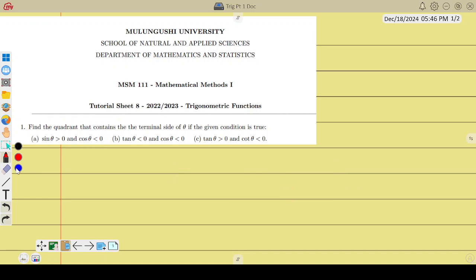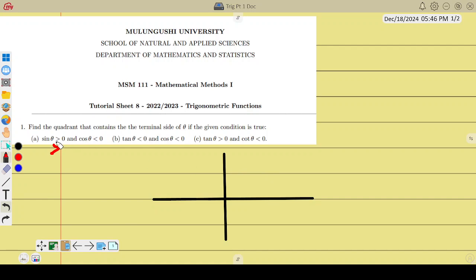I hope you drew that table, or it's already in your head. We want to determine where we can find sine theta to be positive, greater than 0, and at the same time cos theta should be less than 0. So we draw the table showing the quadrants.